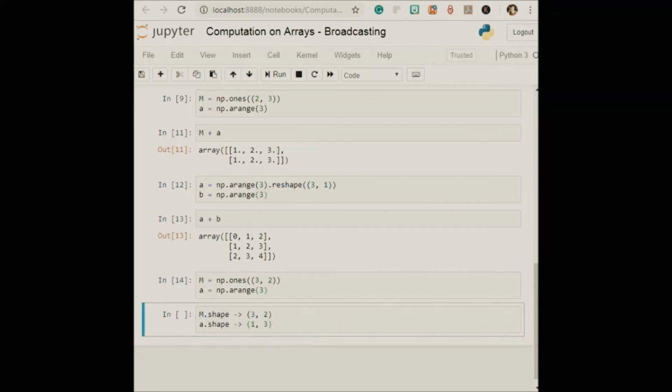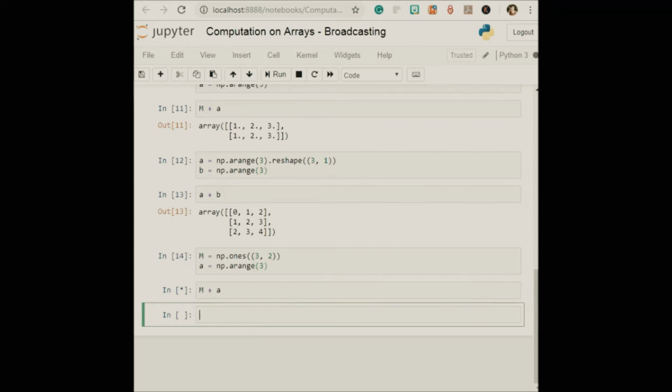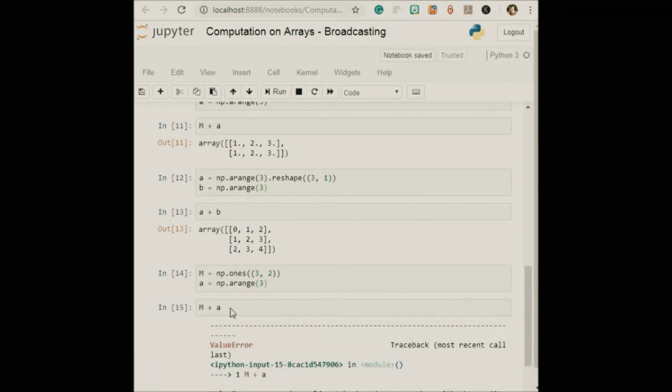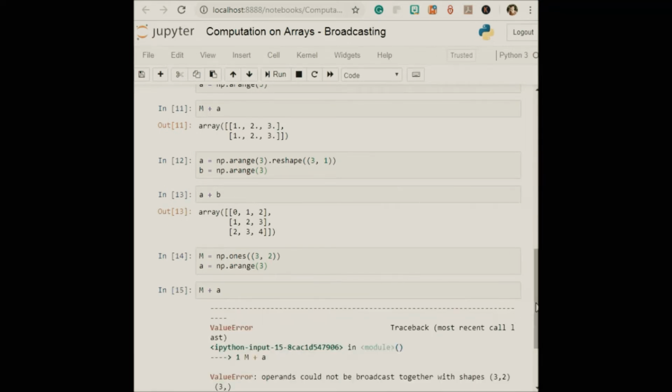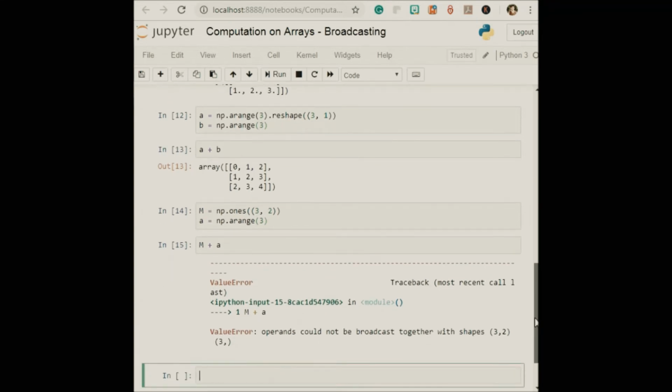And by rule number 2, the first dimension of A is stretched to match that of M. Now we hit rule number 3: the final shapes do not match, so these two arrays are incompatible, as we can observe by attempting this operation, M plus A. This will give an error: operands could not be broadcast together with shapes.